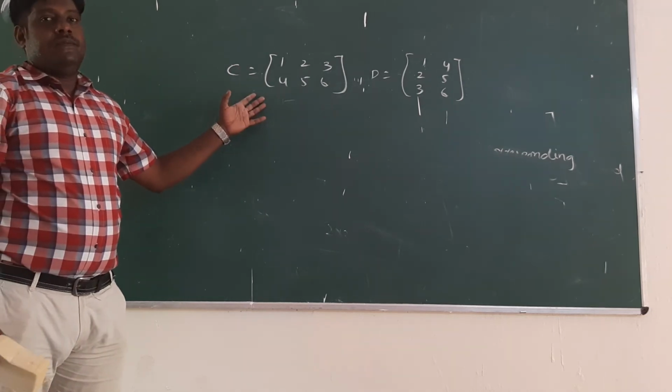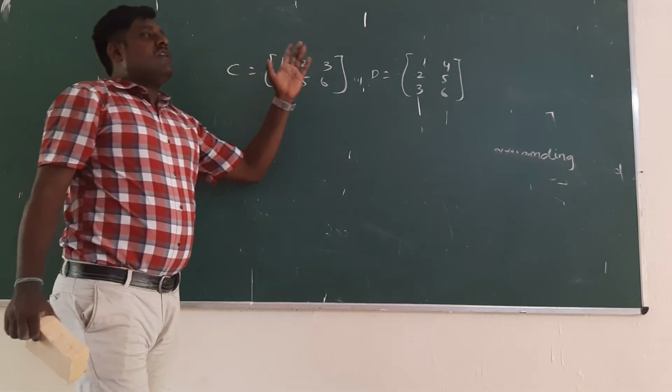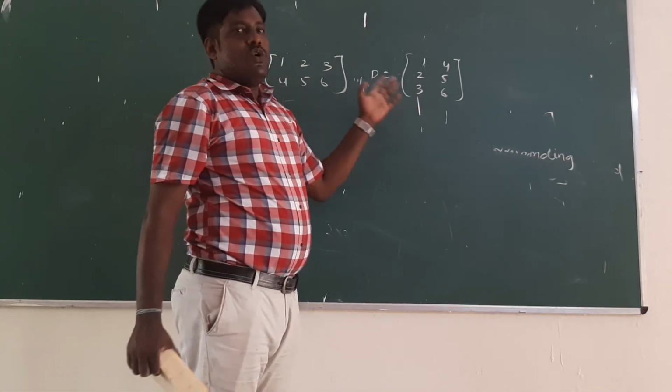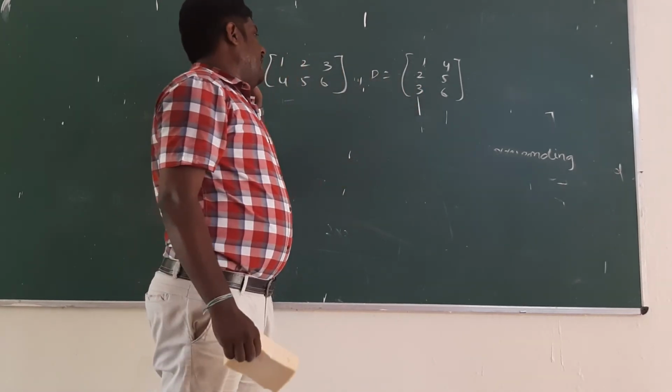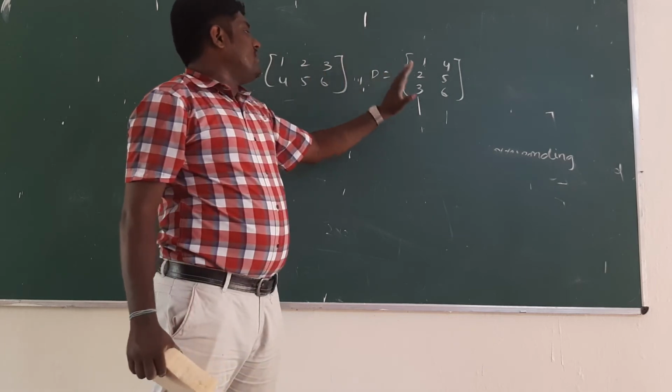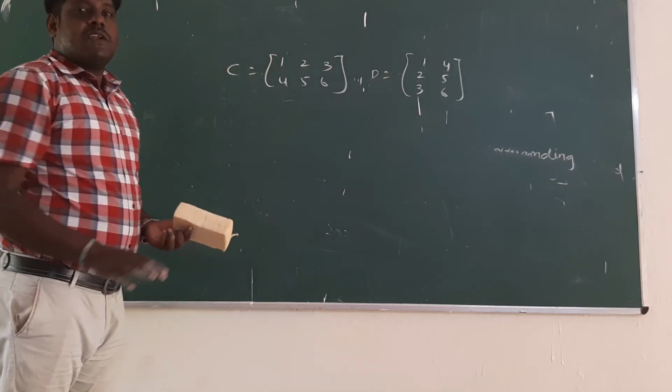Not equal. Because the order of the first matrix is 2 by 3 and the order of the second matrix is 3 by 2. So both orders are not equal here. And also the corresponding elements in matrix C and matrix D are not equal. That's why these two matrices are not equal.